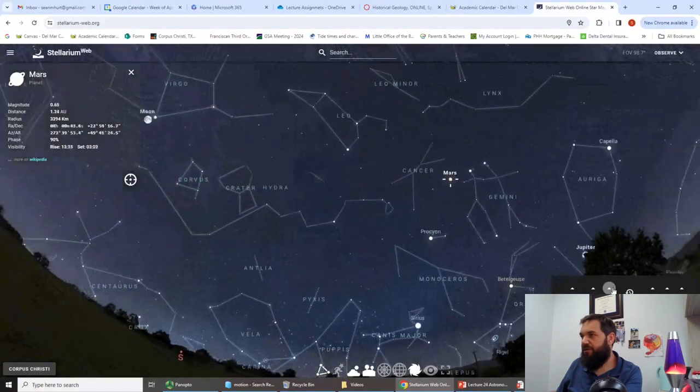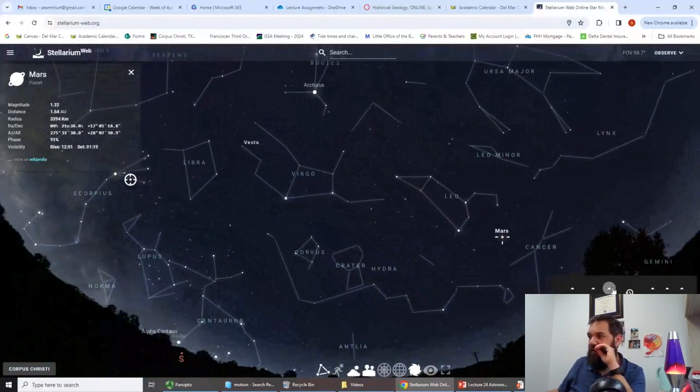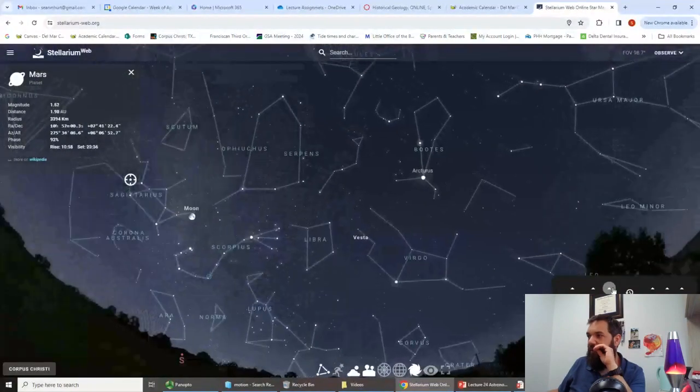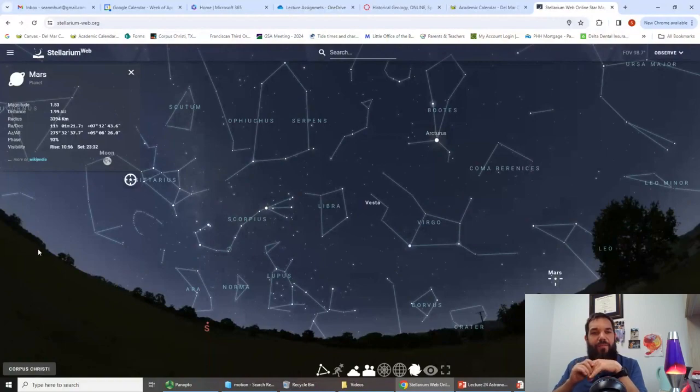And it starts to move the other direction, back to Cancer, right? And it's actually going to stop, and it's going to start moving back again, okay? So I hope that was clear for you. But that all is called retrograde motion. It's when the planet changes its apparent course, and it starts to move backwards relative to what it had been doing for the last weeks or days. So that's called retrograde motion.